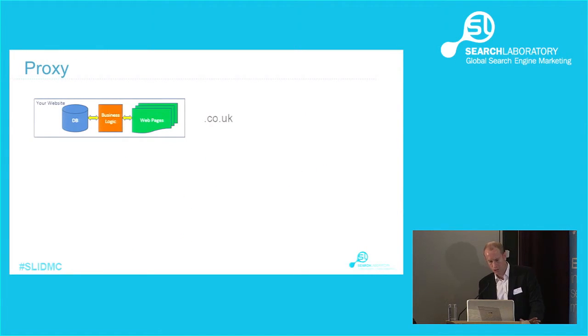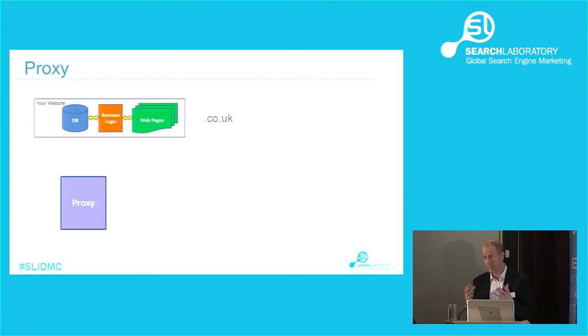The third one that I just want to talk about is one that's kind of come up more recently, and it's called a proxy-based system. So what this is, and some of you might do this, and I know ASOS actually launched internationally using a proxy-based system. So this is the way that they did it. What happens is you have your website, and it's got all its business logic, it's got its web pages, and then you engage with a company that's got a proxy-based system.